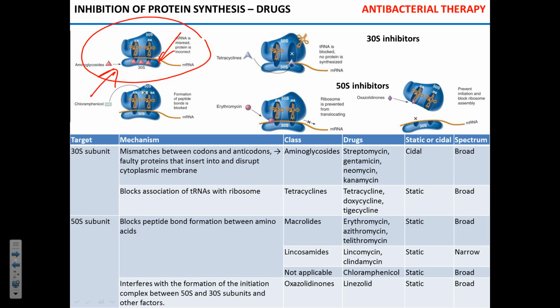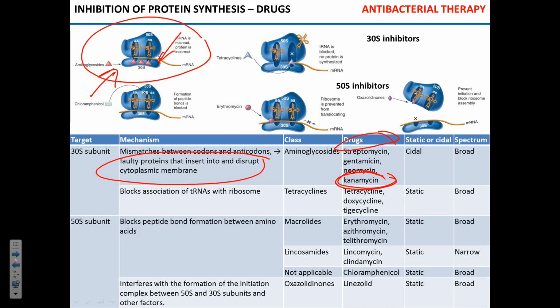So proteins that are produced are faulty, and if those proteins, for instance, are inserted into the membrane, they will disrupt the membrane. They aren't used that much anymore. Well, streptomycin is used, kanamycin is used. A lot of those drugs are used in research.